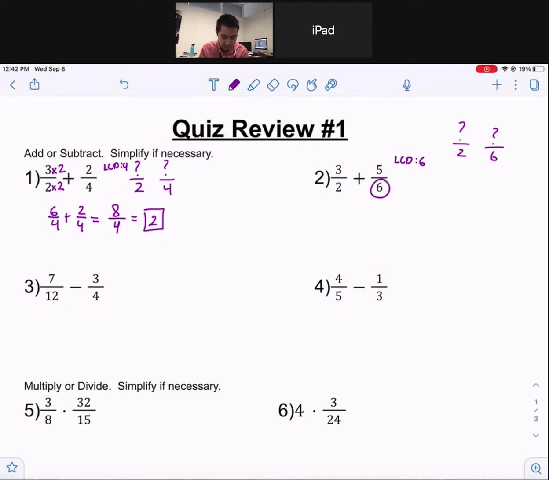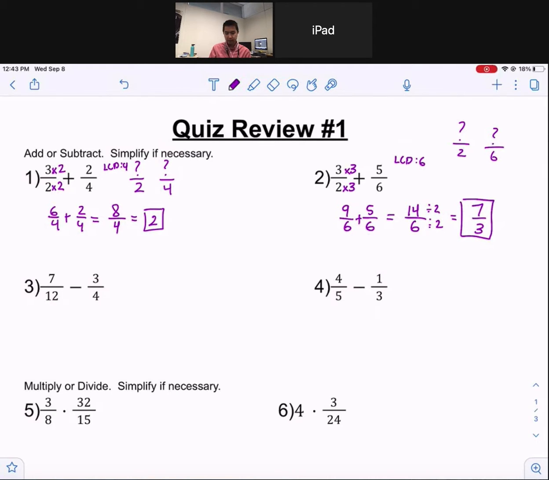So this is 6, so that's fine. We need to change this for that to become 6. So multiplying top and bottom by 3. 3 times 3 is 9 over 6 plus 5 over 6. And that is 14 over 6. Now you can simplify this fraction by dividing top and bottom by 2 for 7 over 3.